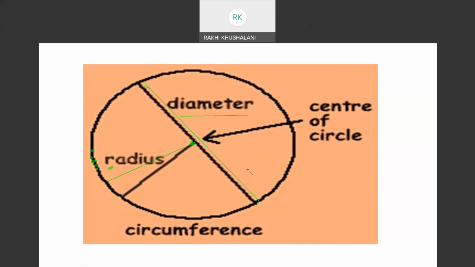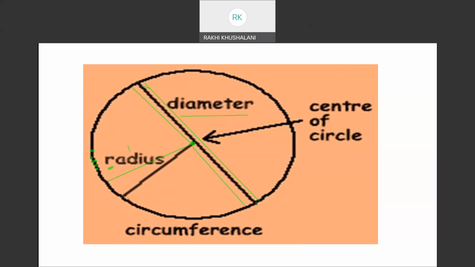If you observe, this half portion is a radius, and this half portion is a radius. So basically a diameter is the double distance of the radius. If the radius is 2 centimetres, then the diameter is 4 centimetres.